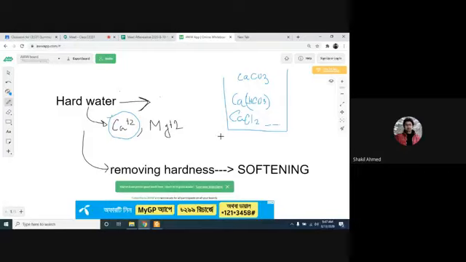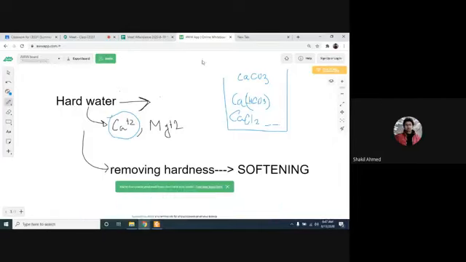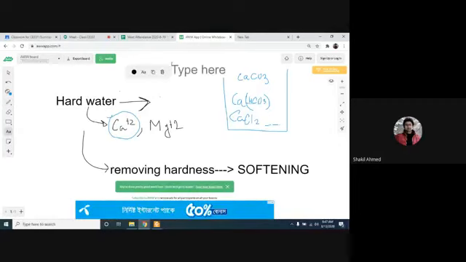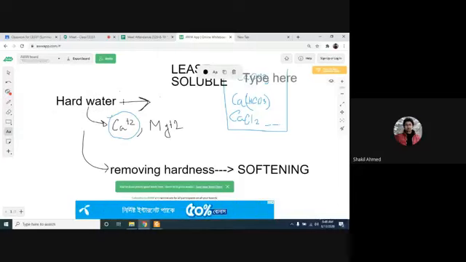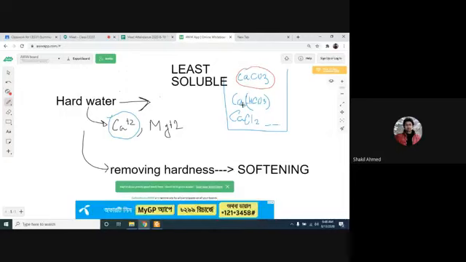Among all of them, what is the least soluble? Least soluble means it is not dissolved in water. Which form is the least soluble? Least soluble means which does not dissolve easily. Solid. What is the form? This is the form. That means the others are in dissolved form.